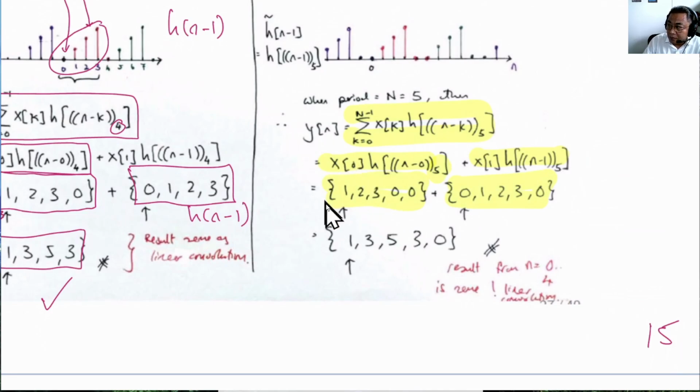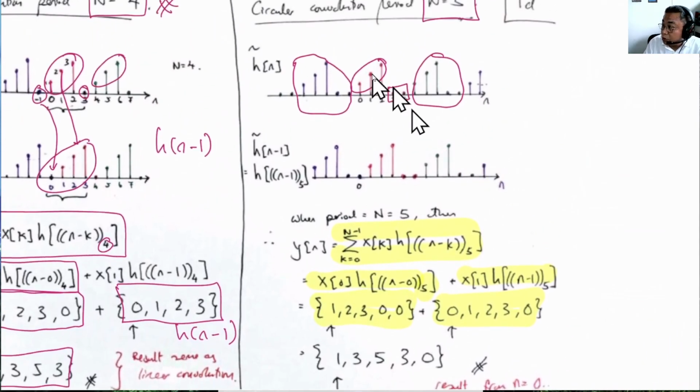So again, we have 1, 2, 3 followed by 2 zeros for this first term. x[1], which is 1, times h[(n-1) modulo 5] is 0, 1, 2, 3 followed by 0. Because when we delayed this by one sample, one sample comes in, 1, 2, 3, and then at the back there's still one sample, right? Where did this one sample come from? This was because we padded 2 samples, but now we shifted one out.